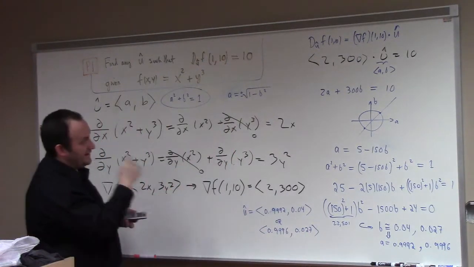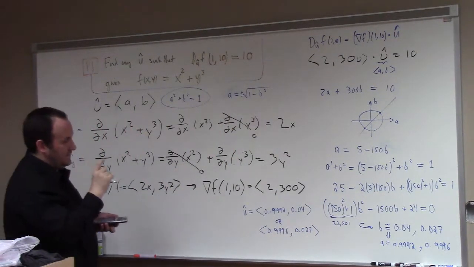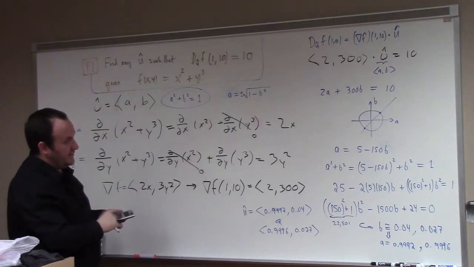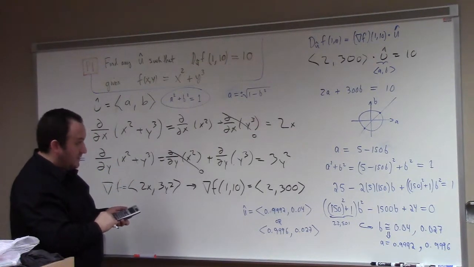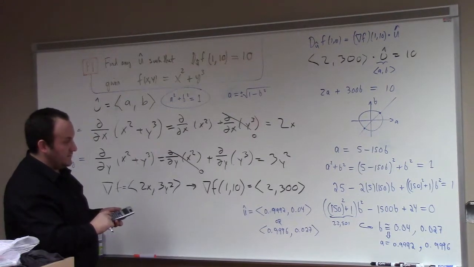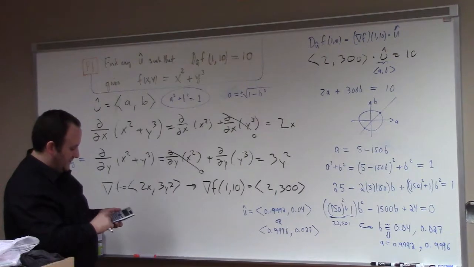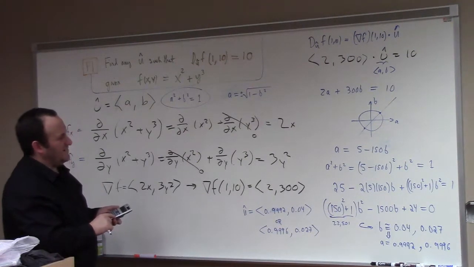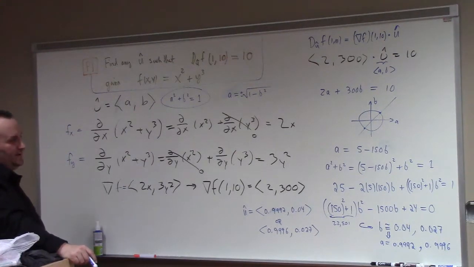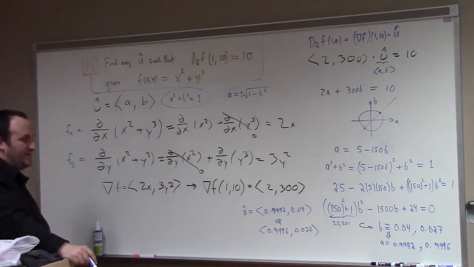Those check, I think, because basically that's going to give me, let's just check them right quick. So 2 times 0.992 plus 0.04 times 300 gives me 13 point, oh man, son of a gun. Well, I've made a calculator mistake somewhere.